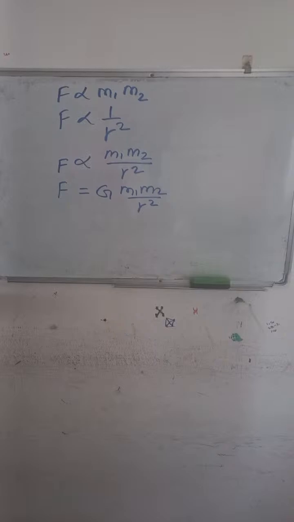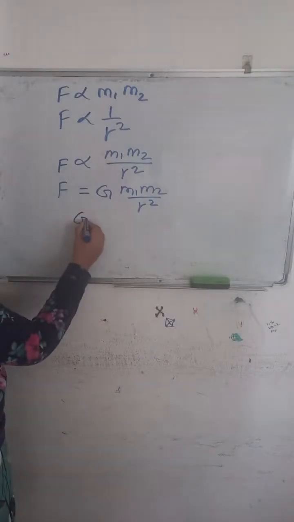The product of masses is directly proportional to the force, and the square of the distance between the two bodies is inversely proportional to the force. Here G is a proportionality constant, also known as the gravitational constant.